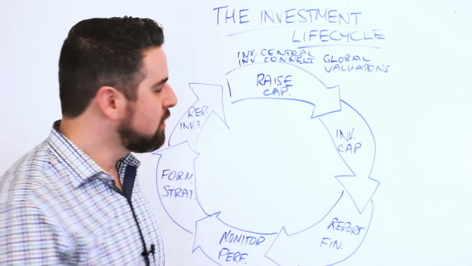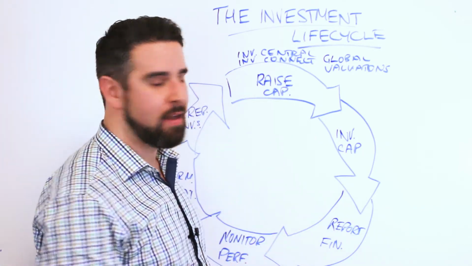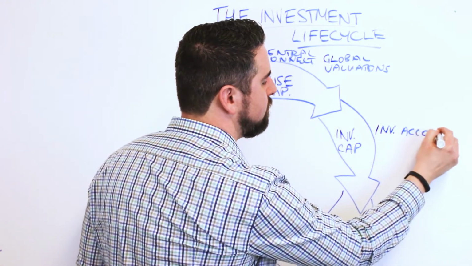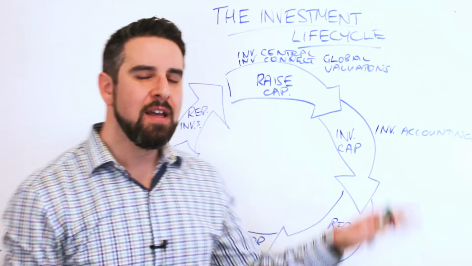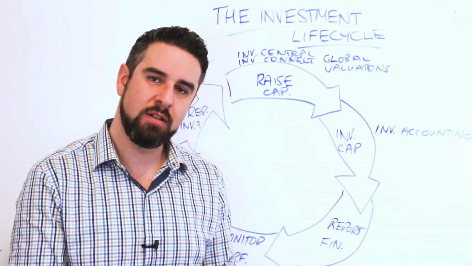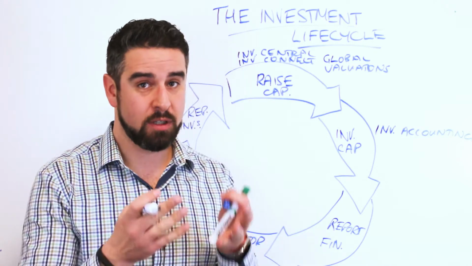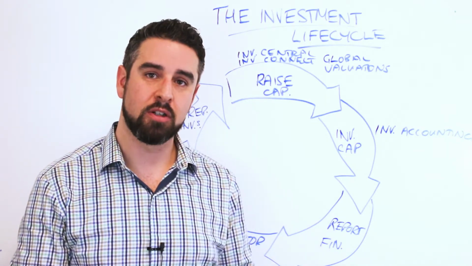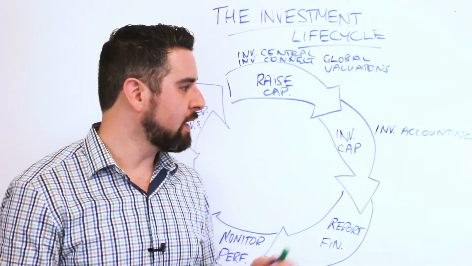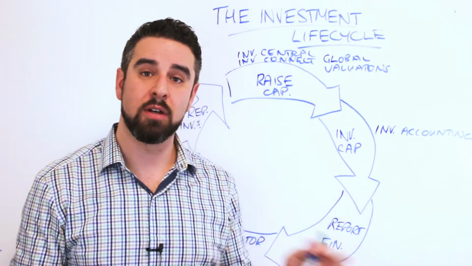Investing the capital, there's really one application to talk about here, and that is investment accounting. Investment accounting is a tool that's tied directly to the accounting solution that allows you to do your consolidations, to post your contributions, to calculate your distributions, to track your capital calls and your commitments.